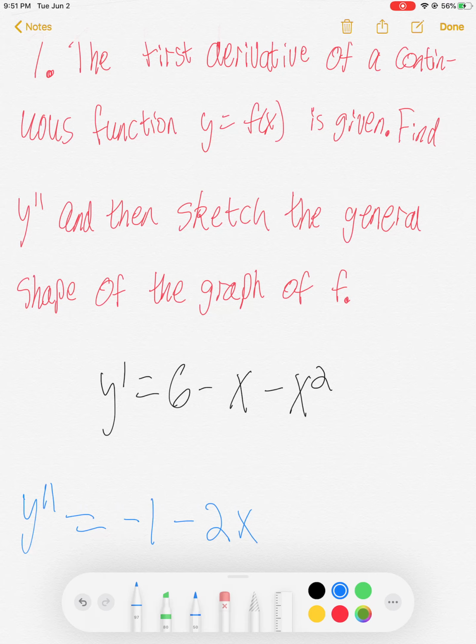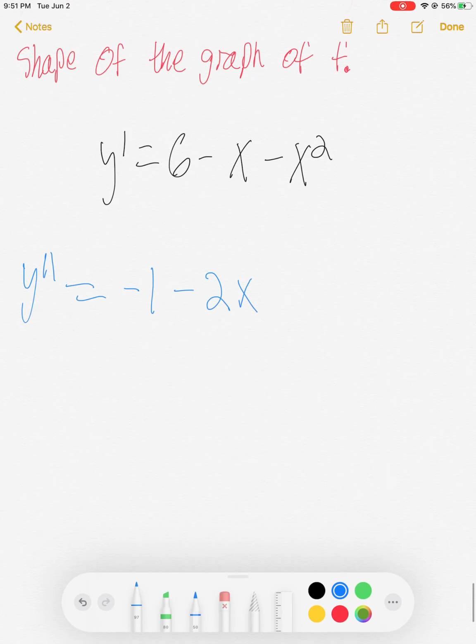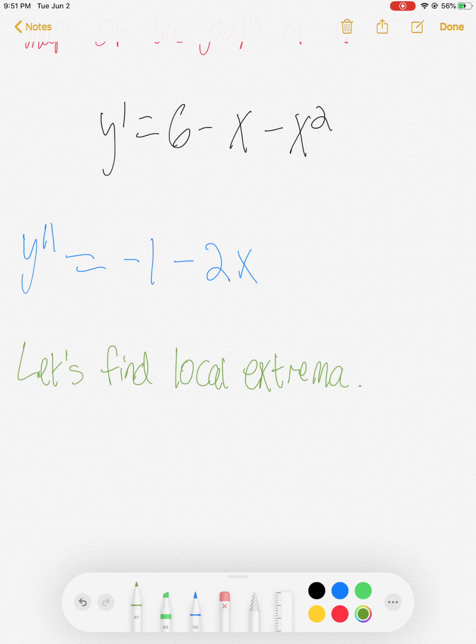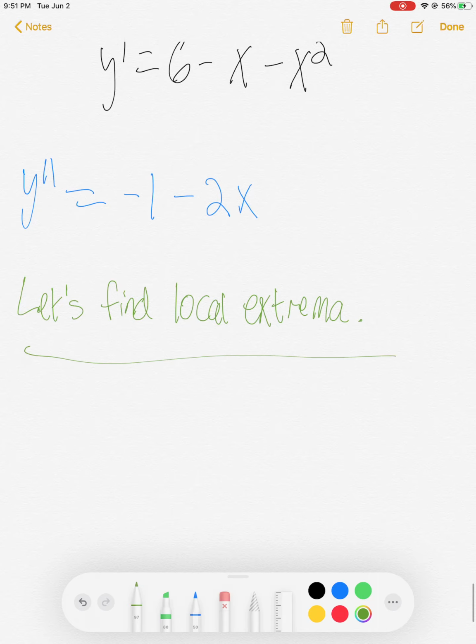Now, just like before, it doesn't explicitly say that we want to compute the extrema. However, we do still want to find these points in order to help us sketch the picture. So let's make a note of that.